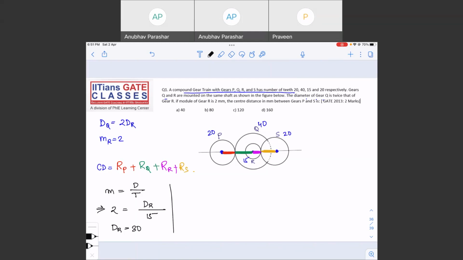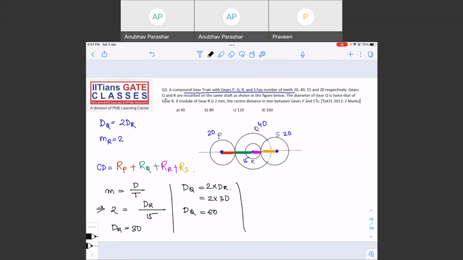Once I know the diameter of gear R, diameter of gear Q is equal to 2 times diameter of gear R, that is 2 into 30, so diameter of gear Q is equal to 60, right?